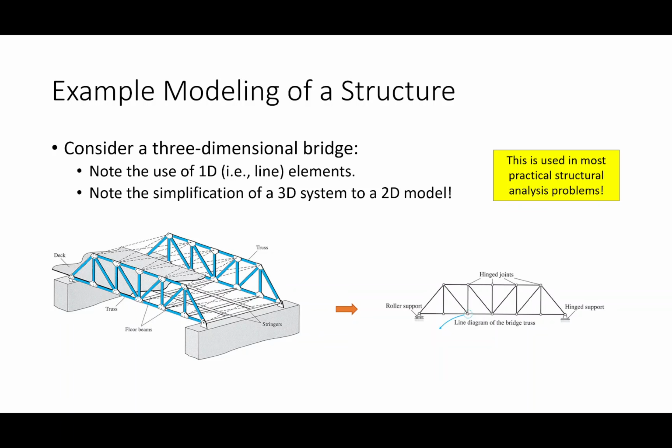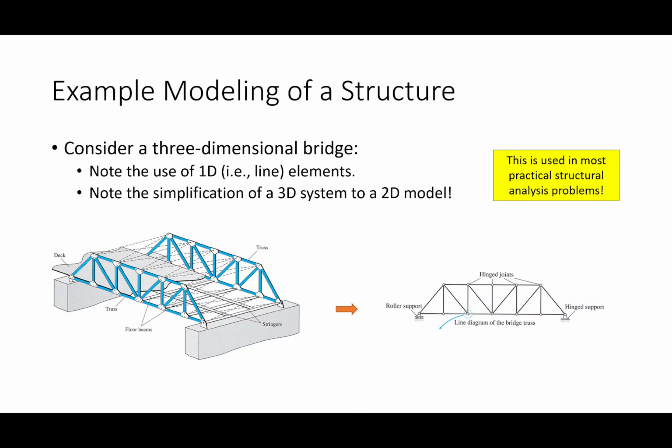One of the ways that we will model a structure in this simplification that I'm talking about, let's just talk about something pretty basic. Let's say that we have a truss bridge. Okay, I'm sure you all have seen structures like this, just even around the area. Again, this is a three-dimensional system.